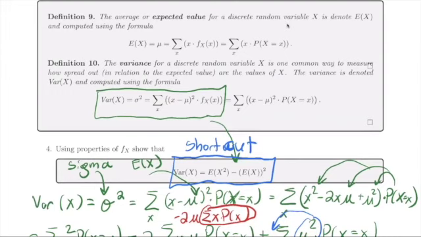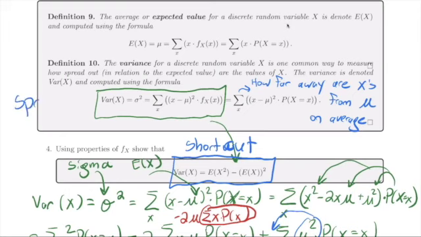We'll interpret this more carefully, but it's telling us the expected distance of a value x from the mean value of x. So it's telling us how spread out the values are.